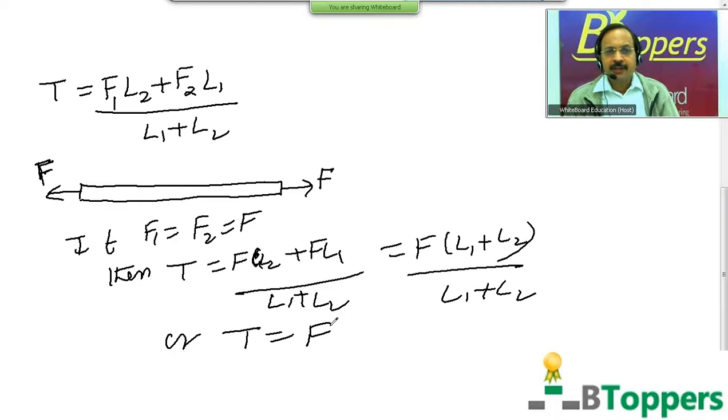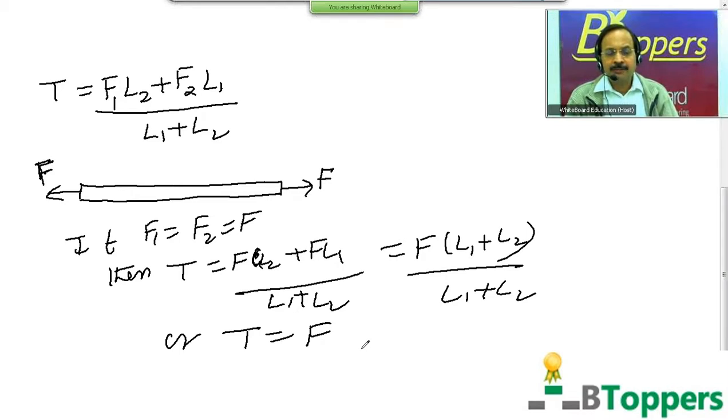That means if forces of the same magnitude equal to F are applied at the two ends of the uniform rope in opposite directions as shown in the figure, which rests on a smooth horizontal plane, then the magnitude of tension will be the same at all cross sections of the rope. The magnitude of tension at any cross section is the same as the magnitude of the pulling force applied at one of the ends of the rope.